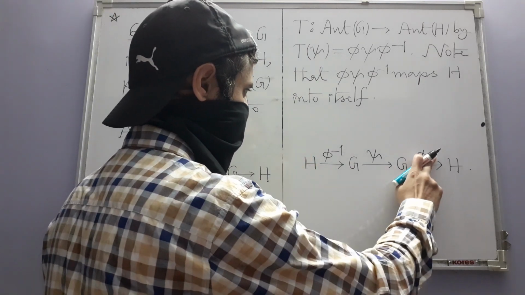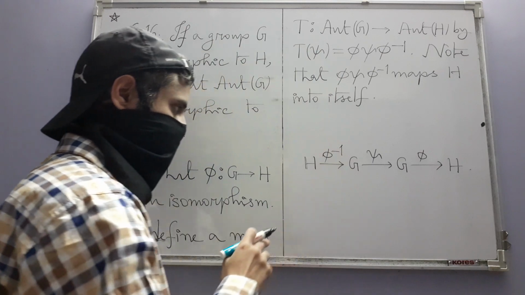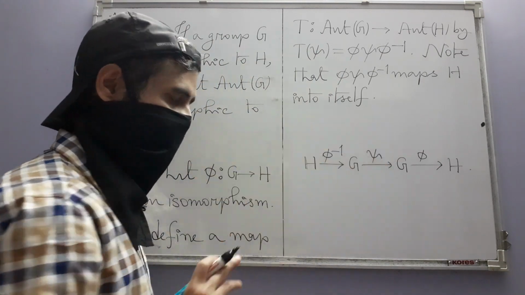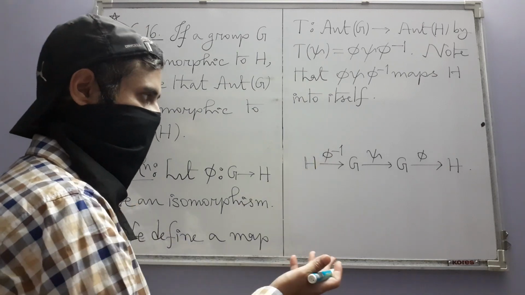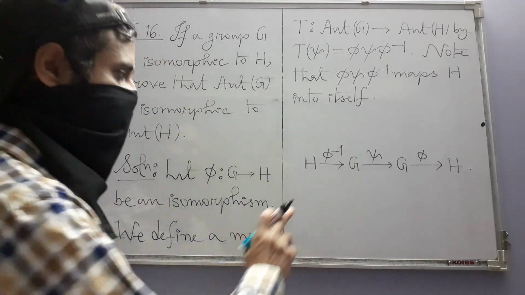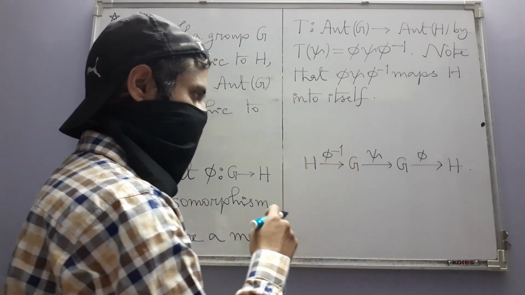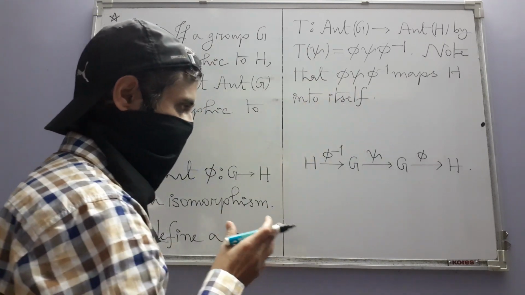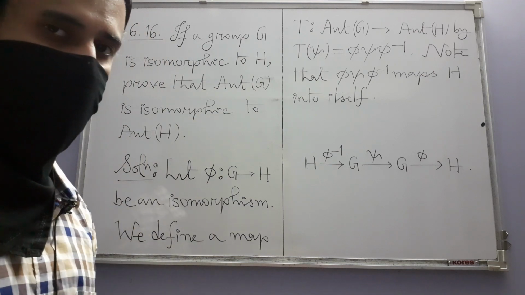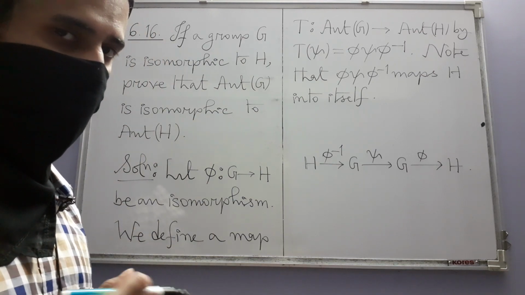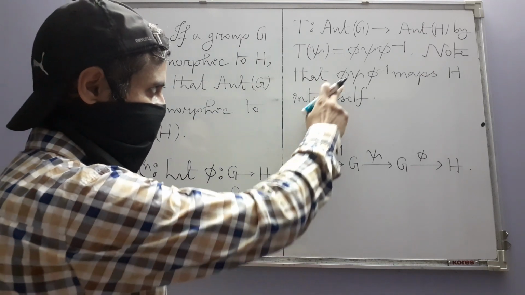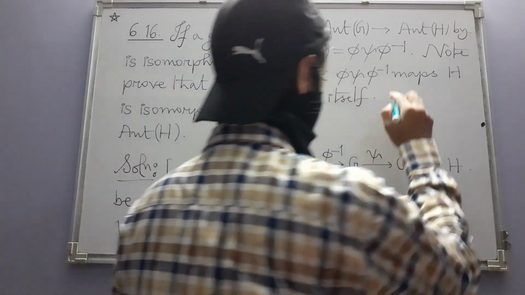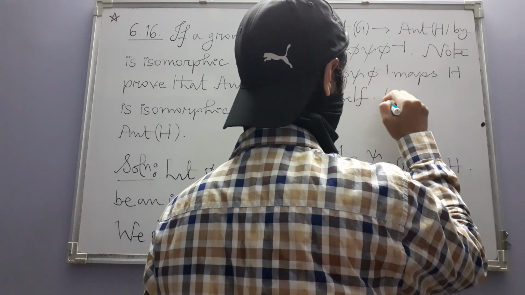As a result, phi inverse itself is also a bijection. First of all, it exists because phi is a bijection, and then we already know from properties of inverses that it is a bijection itself. So that means here we are looking at a composition of three bijections, and from properties of compositions we know that this composition itself is a bijection. So that is our next thing.